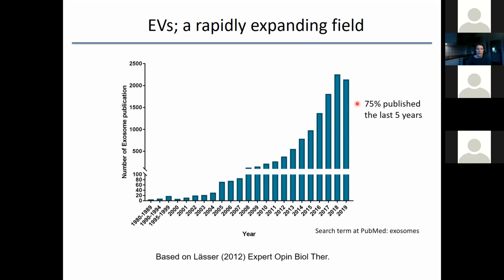And nowadays we have over 2,500 papers per year. So it really is an expanding field because we've seen that these vesicles are part of so many different pathological processes and the biomarker and all these other fascinating things that these vesicles can do.